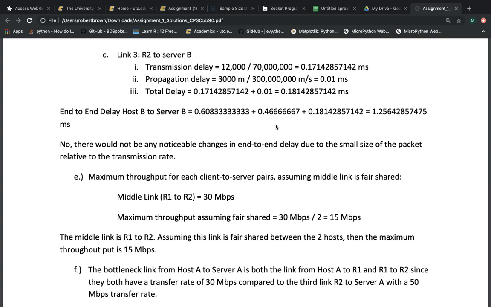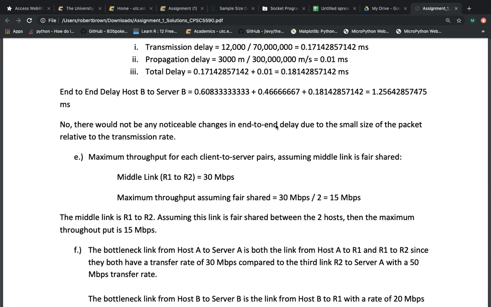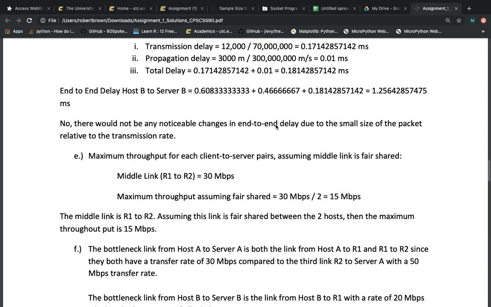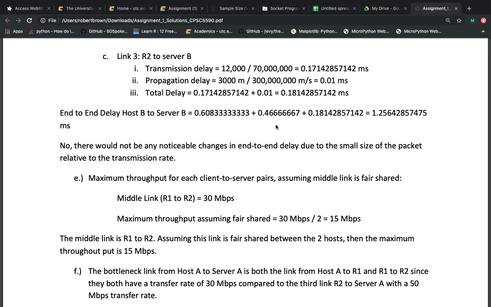The end-to-end delay from host B to server B is 1.26 milliseconds. As far as whether there would be any noticeable changes in the end-to-end delay, there would not be, due to the small size of the packet and the transfer rate.